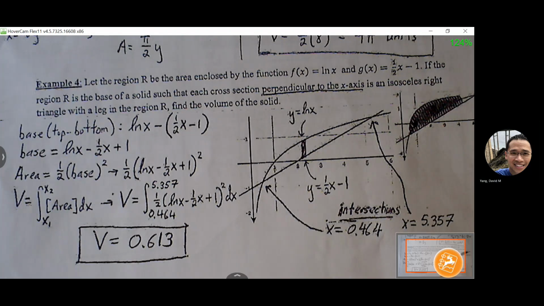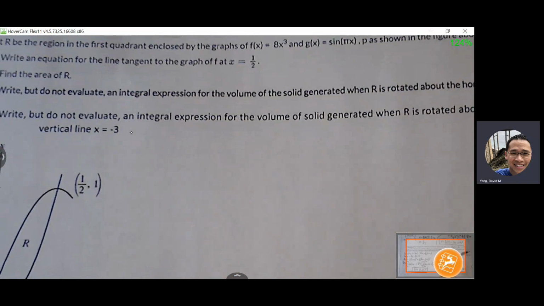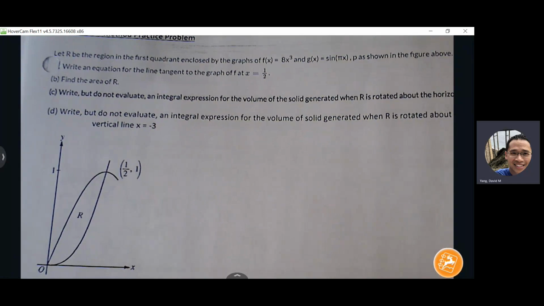But on the test, you will get to use your calculator. Yeah, I'll go over it. Well, 5 minutes.